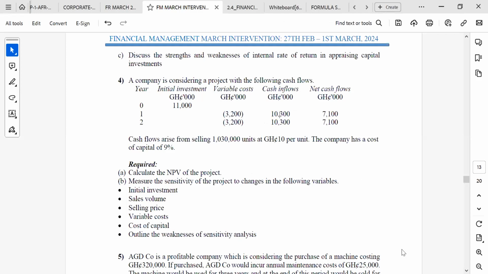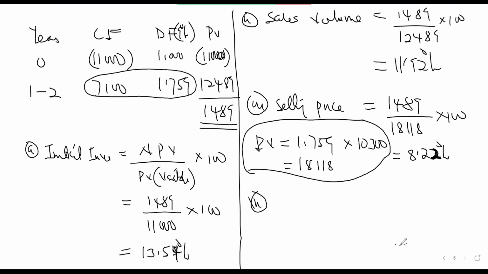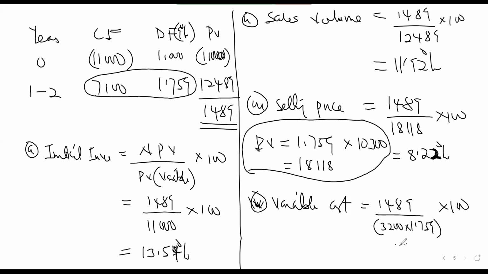So let's come to variable cost. They can also give you fixed cost; you just find the present value of the fixed cost. The variable cost, we know that our present value is 1489 divided by the variable cost. The variable cost over there is 3,200, isn't it? So we can have 3,200 multiplied by the annuity because we are finding the present value, all of this multiplied by 100.